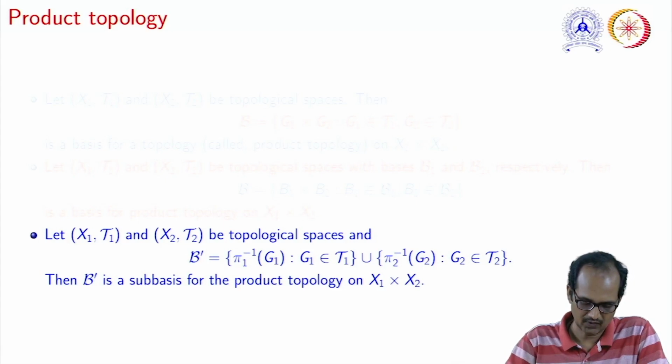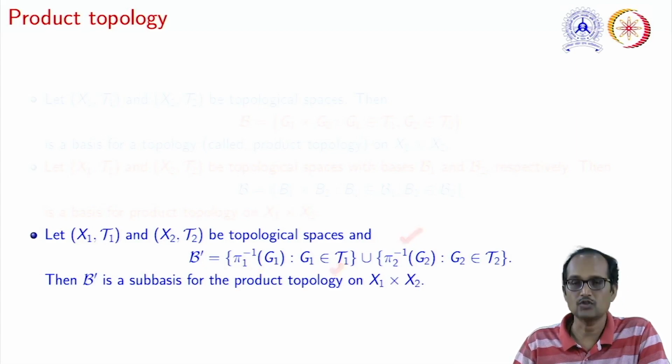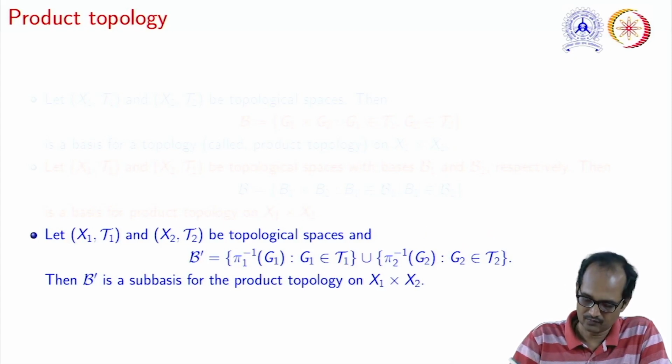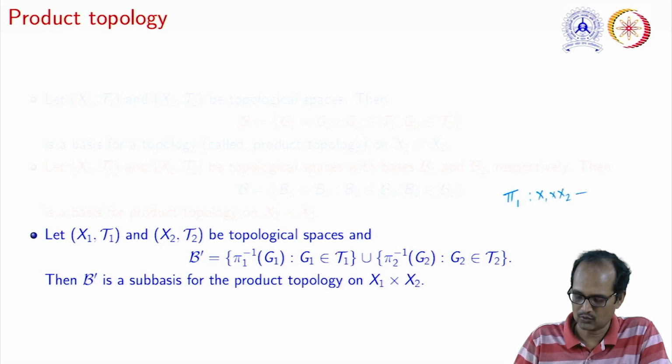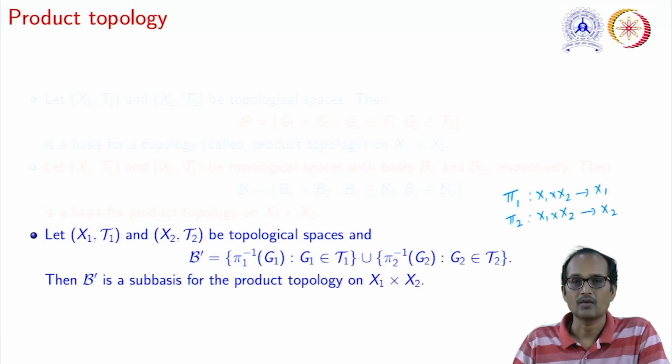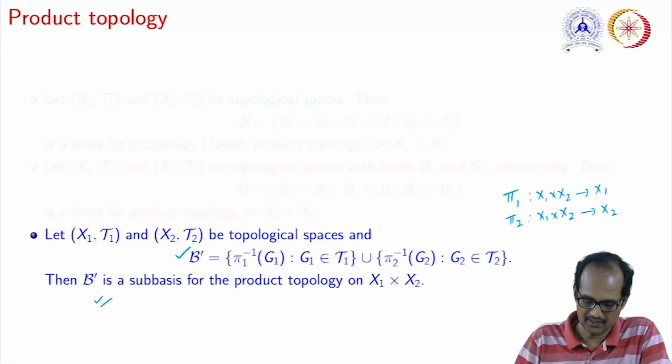We have seen that if we are having two topological spaces (X1, tau 1) and (X2, tau 2), and the collection B dash, that is the set of pi 1 inverse G1, G1 belongs to tau 1, union pi 2 inverse G2, G2 belongs to tau 2, where pi 1 is a projection map defined from X1 cross X2 to X1, and pi 2 is again a projection map defined from X1 cross X2 to X2, then this B dash is a subbasis for the product topology on X1 cross X2.